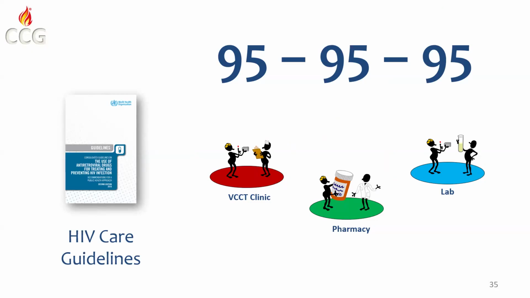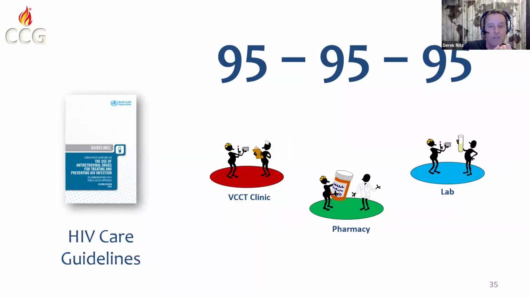Not a clue. So the care cascade, it's called the care cascade for the following reason. The target is that to beat HIV as a global epidemic, we want 95% of the people who are HIV positive to know their status.